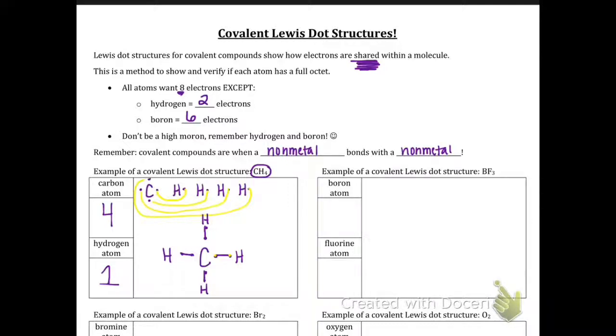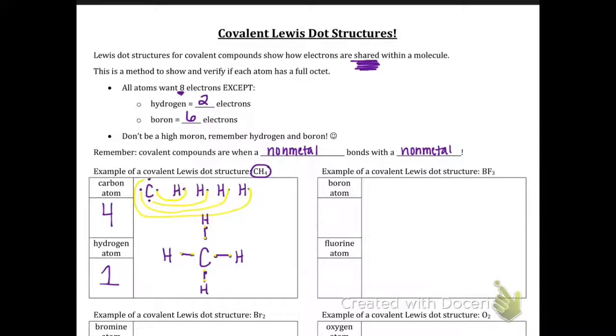So that's 1, 2, 3, 4, 5, 6, 7, 8. So carbon now has 8 electrons and hydrogen has 2. So hydrogen gets these 2, carbon gets all of those 8. So everybody's happy.